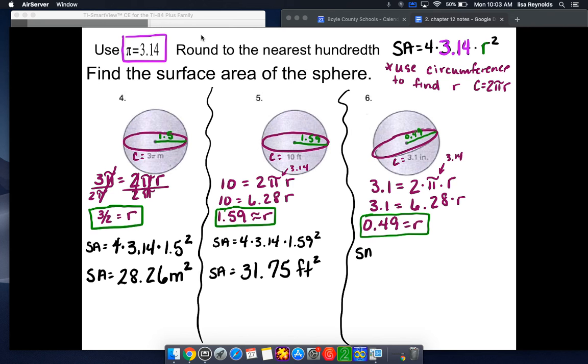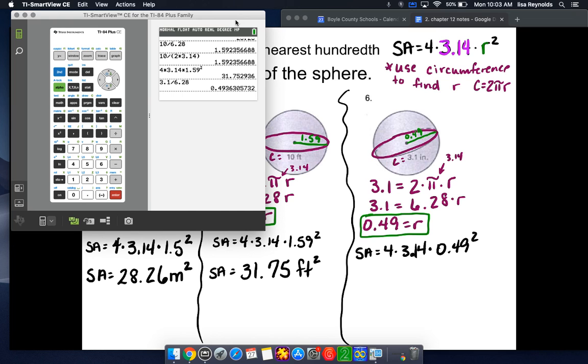So our surface area is our formula, 4 times our 3.14 for pi times our radius value squared. So we're going to calculate 4 times our value of pi times our radius squared.